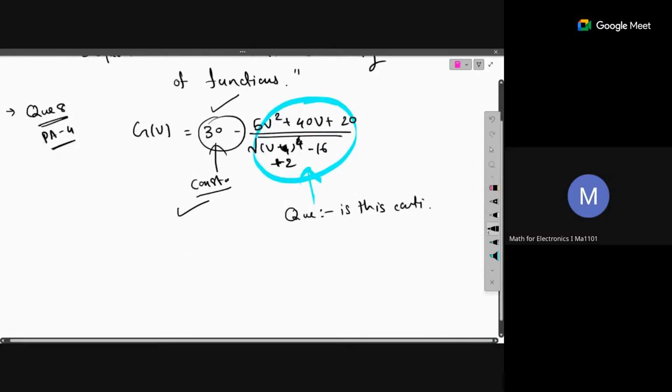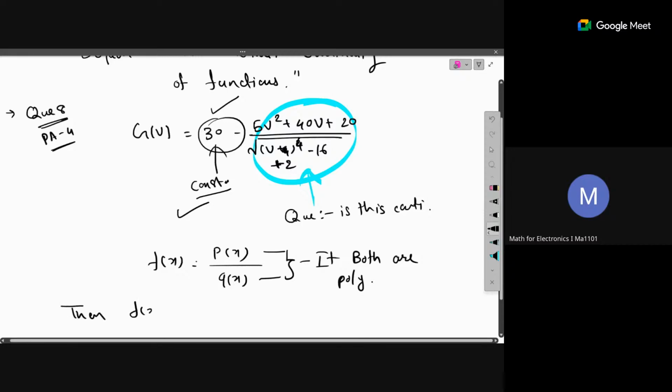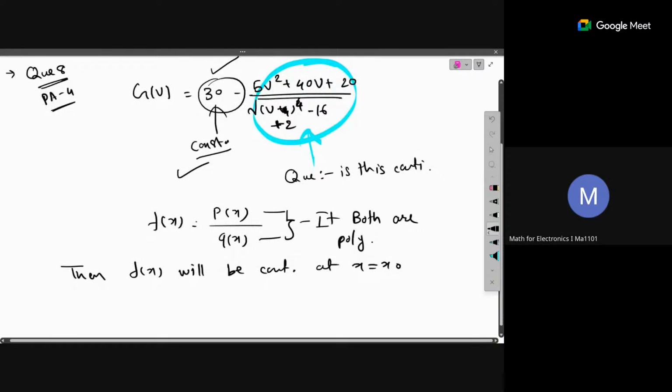As we have already seen, if we have a function f of x written in the form of p of x upon q of x, where both p of x and q of x are polynomials, then f of x will be continuous at x equals x naught if and only if q of x naught is not equal to 0.